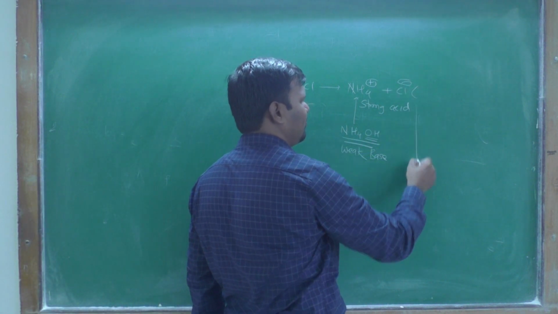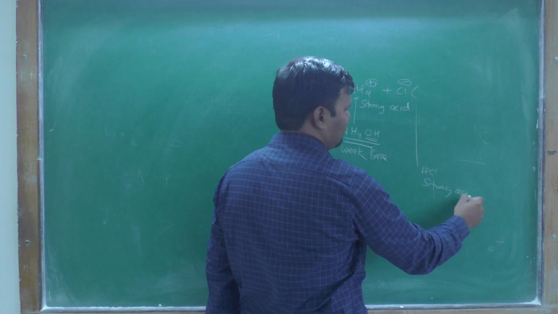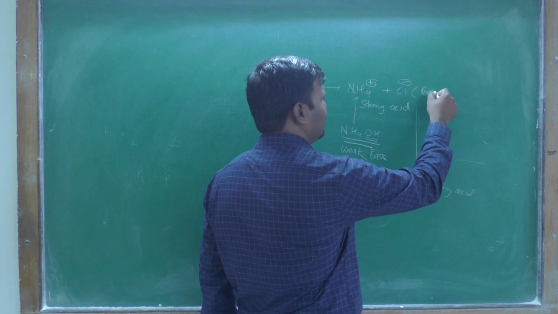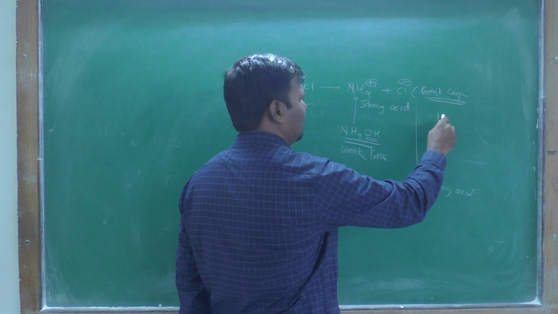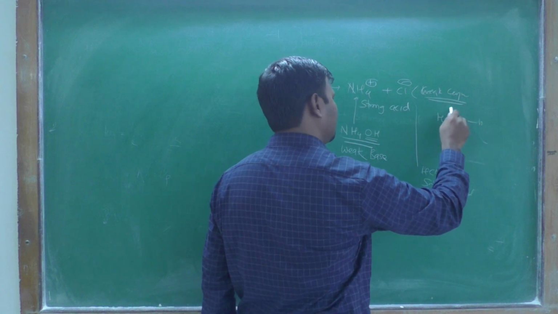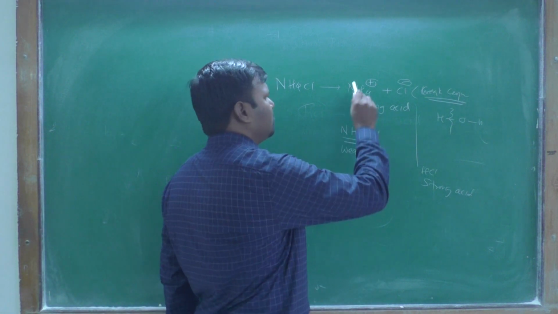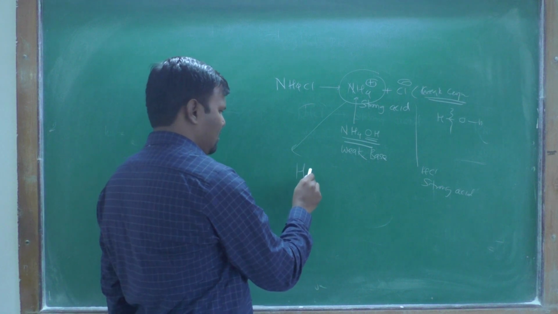The Cl minus is obtained from the strong acid, therefore it is a weak conjugate base. This weak conjugate base cannot break H2O. Therefore we will use the strong acid, which can break H2O.